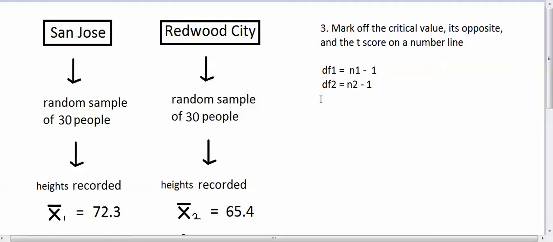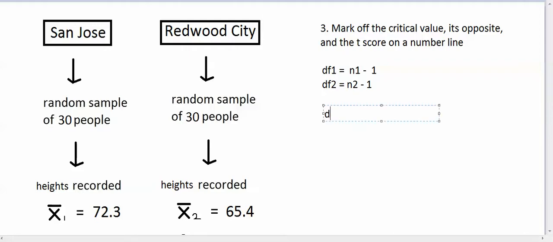So all we're doing here is subtracting each sample size by 1. N1, which was the first sample size, was 30, because we had 30 people selected from San Jose. So it's 30 minus 1, or 29.